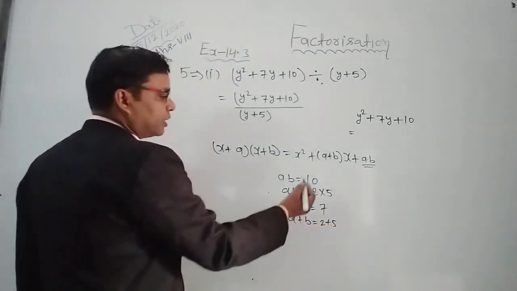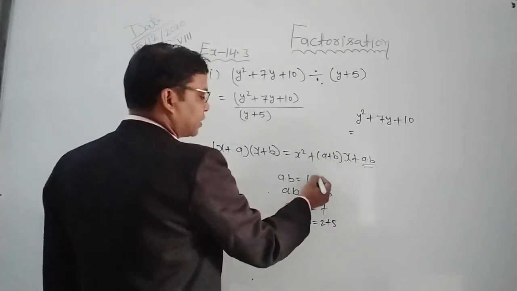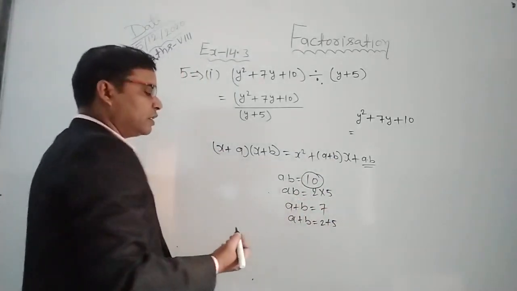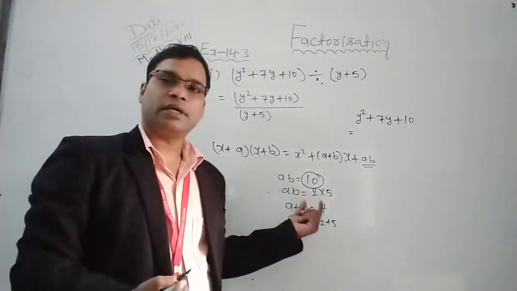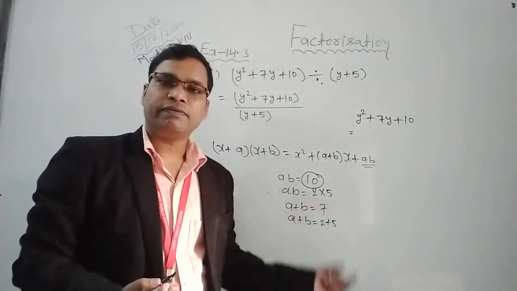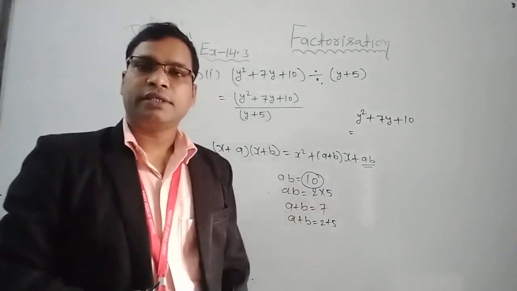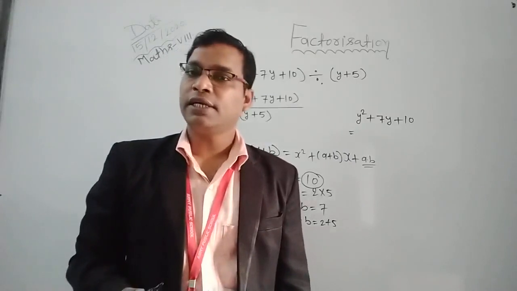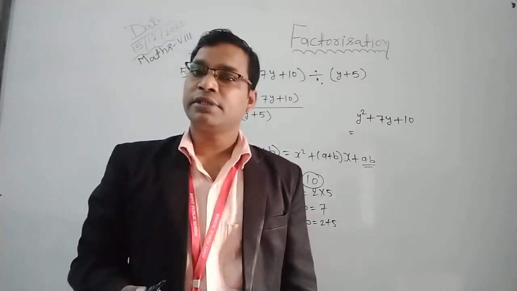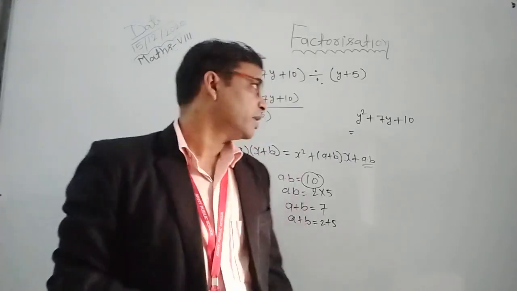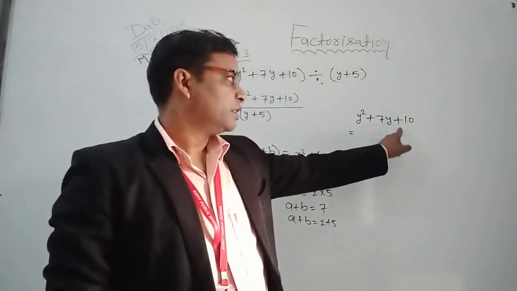It means that we find the factors of the constant term such that their product is 10 and their sum is 7, because the plus 10 is a positive sign.